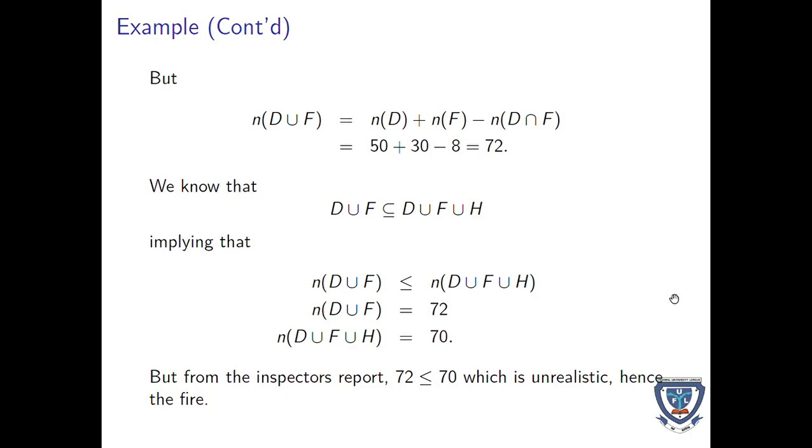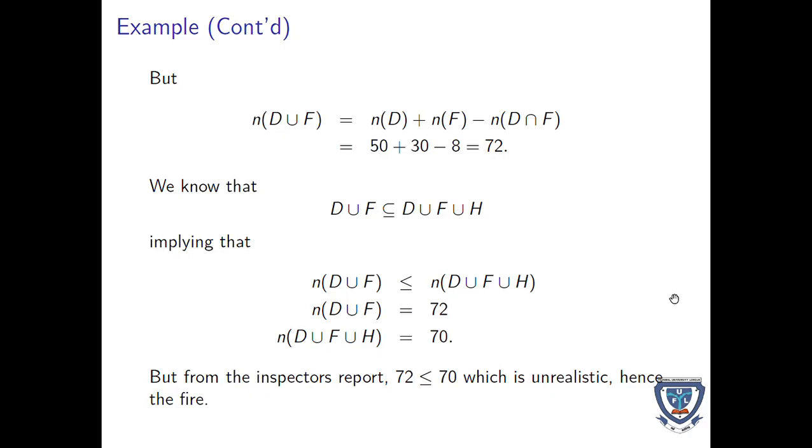However, D union F alone will give us 72. And that is where the problem is. If H union D union F gave us 70, and only 2 of the sets alone give us 72, it means that there's a problem somewhere.